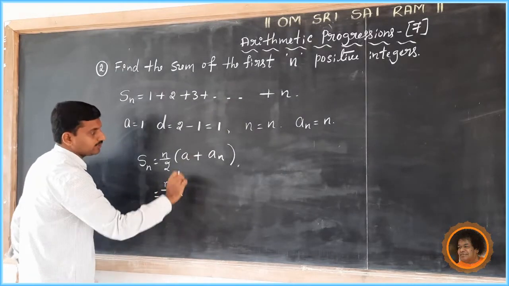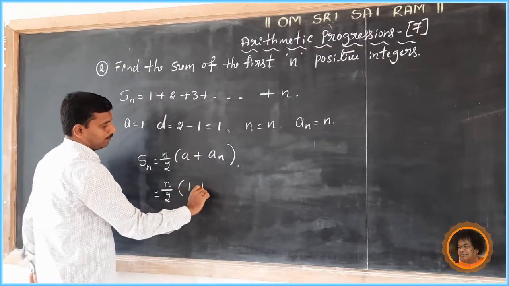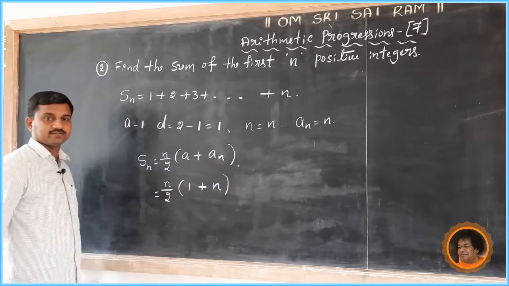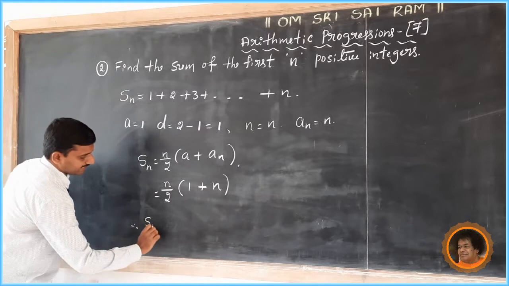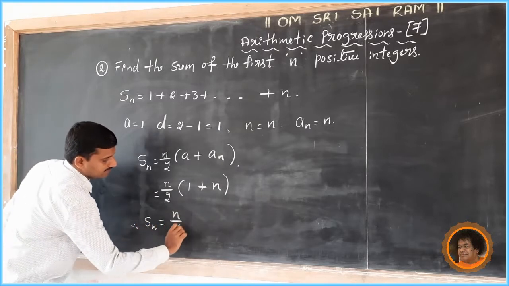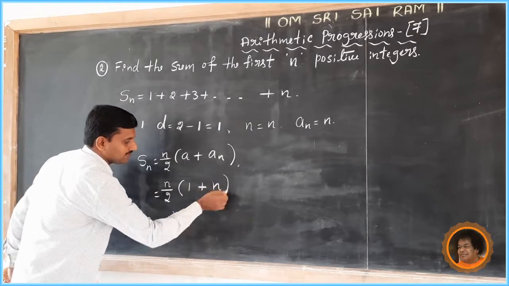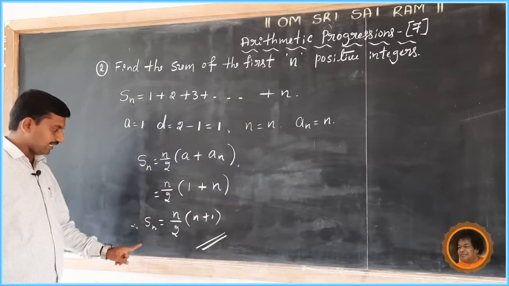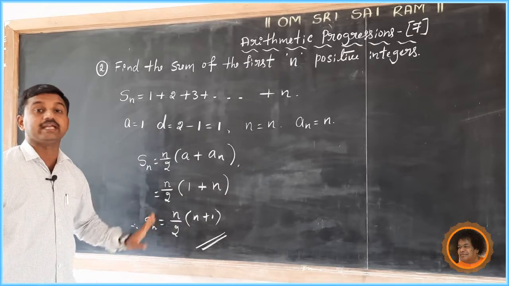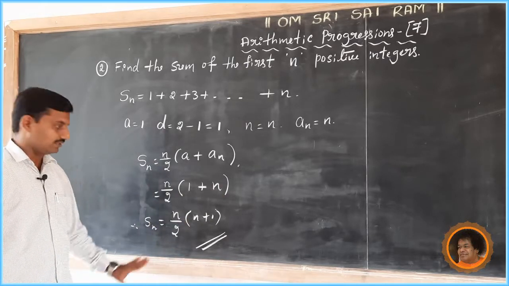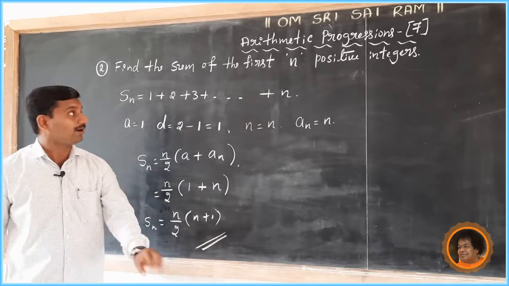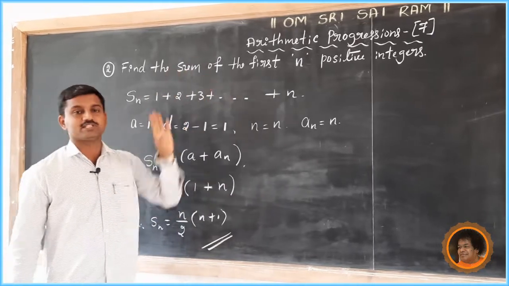So n by 2 into a, the first term 1, plus an, the last term, that is n. Or we can write it as Sn equal to n by 2 into 1 plus n, or n plus 1. So this is the answer. Sn equal to n by 2 into n plus 1. This is also one type of the formula to find the sum of the first n positive integers.